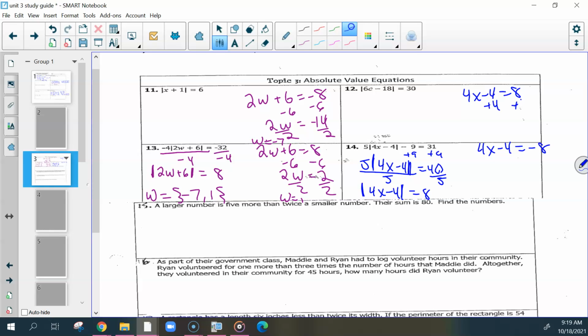Add 4 to both sides. And divide both sides by 4.